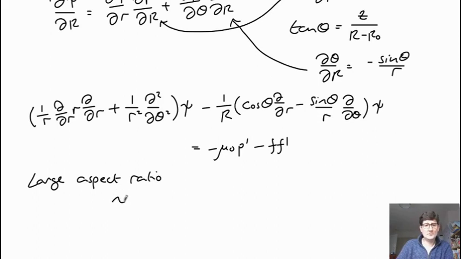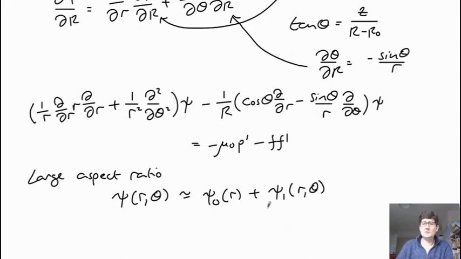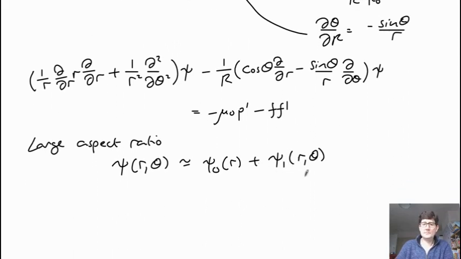So psi, which in general is some function of r and theta, is approximately some psi naught, which is only a function of r, plus psi 1, which is a function of r and theta. And we're going to assume that this correction is much smaller than this term here. So psi naught is the dominant term, which is only a function of r. Then we can do an expansion in higher order corrections.